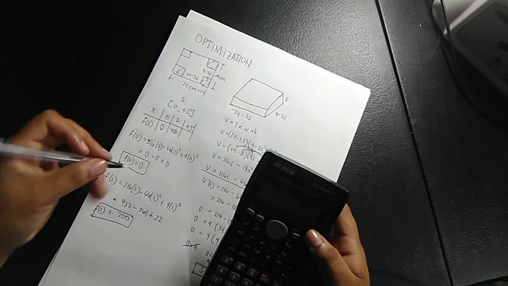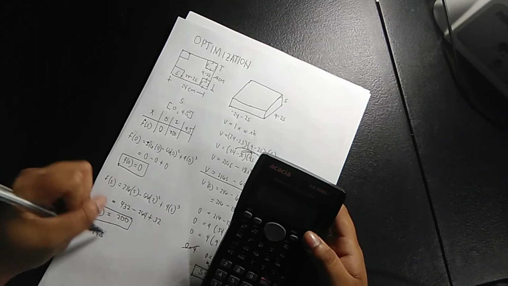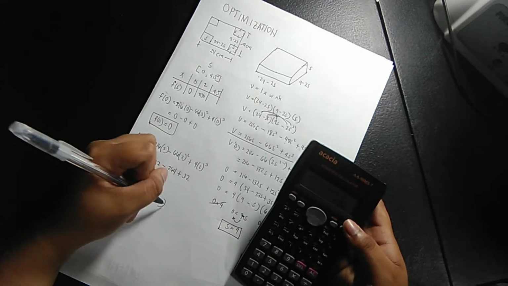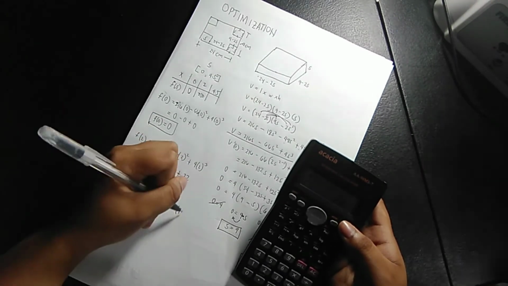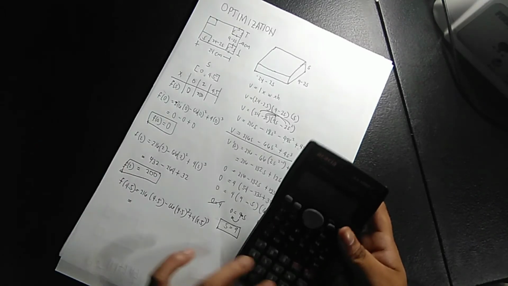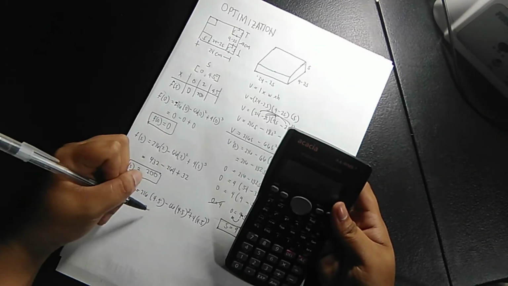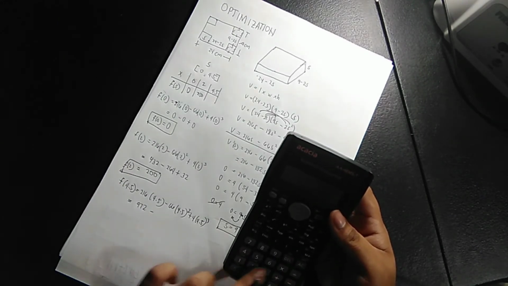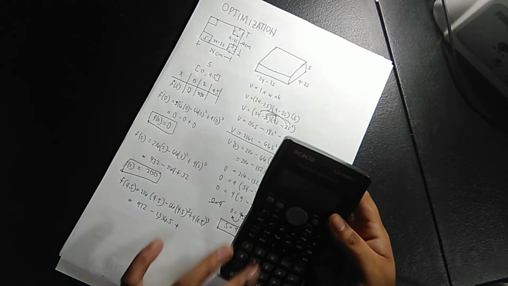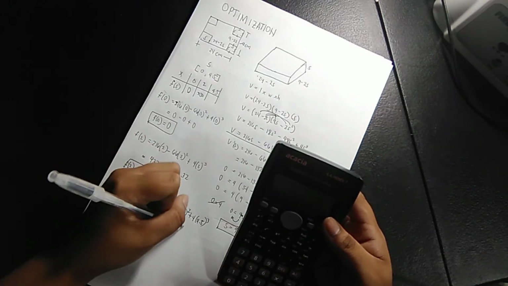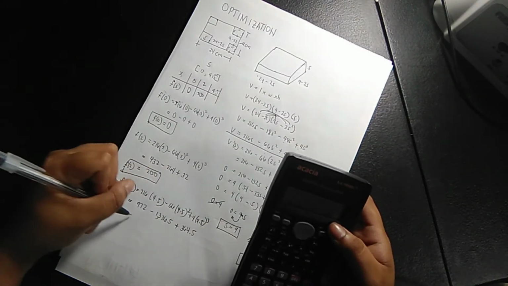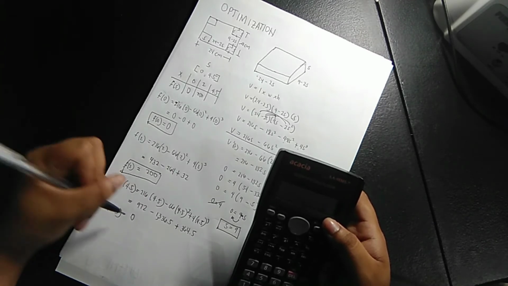So the next one is f of 4.5. So 216 times 4.5 minus 66 times 4.5 squared plus 4 times 4.5 cubed. 216 times 4.5 is equal to 972 minus 66 times 4.5 squared is equal to 1336.5 plus 4 times 4.5 cubed is equal to 364.5. 972 minus 1336.5 plus 364.5 is equal to 0.